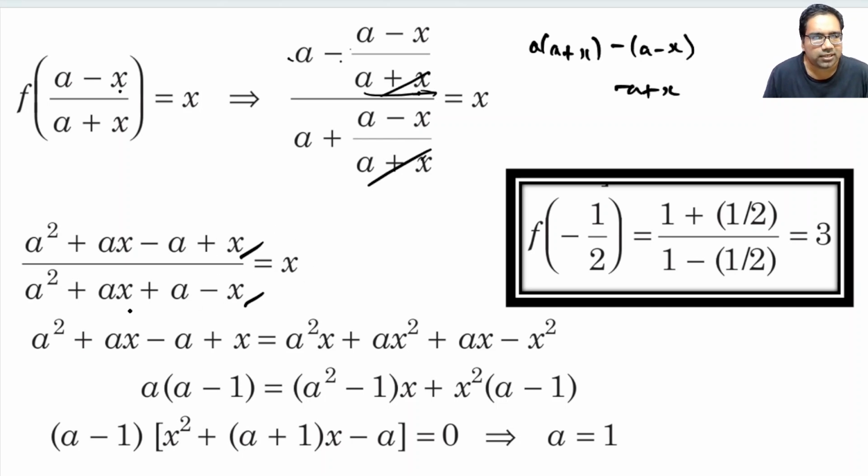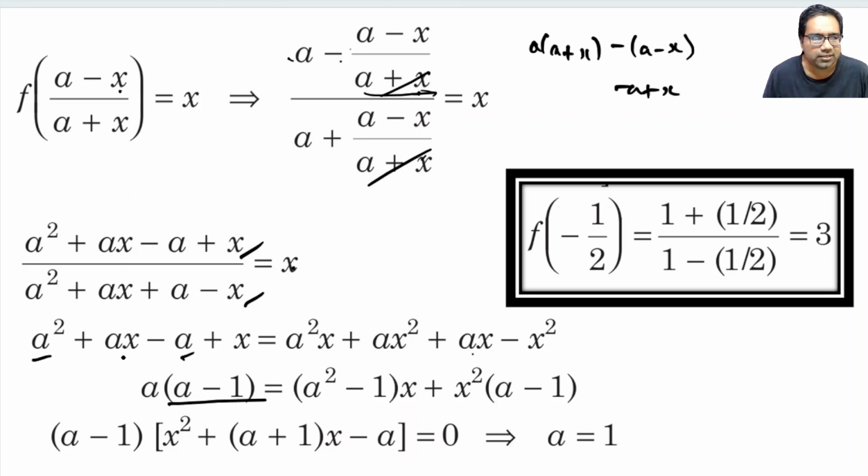Let us take this denominator to the right side. This becomes x into a square, x into ax, that is ax square, x into a, that is ax, minus x into x, which is minus x square. Now let us take some terms common. This a square and this a become a square minus a, which is a into (a minus 1).